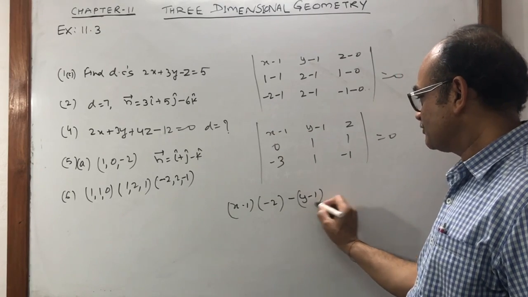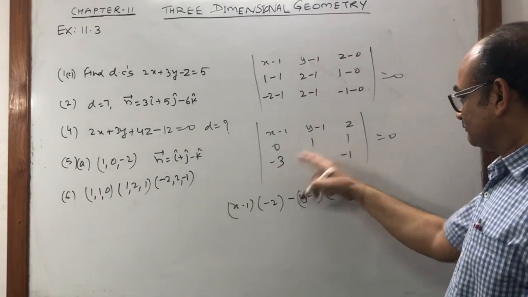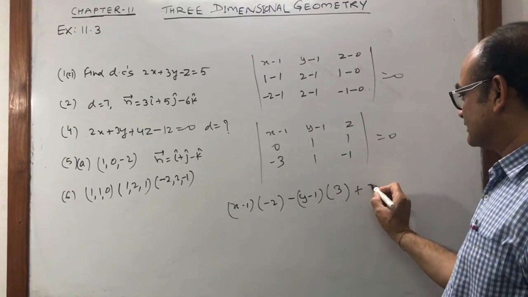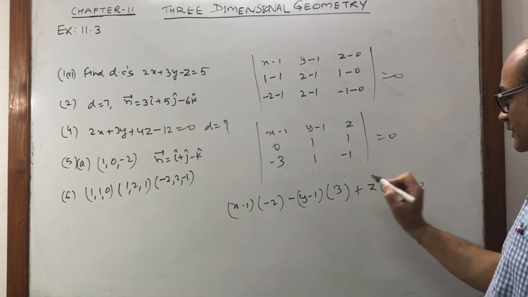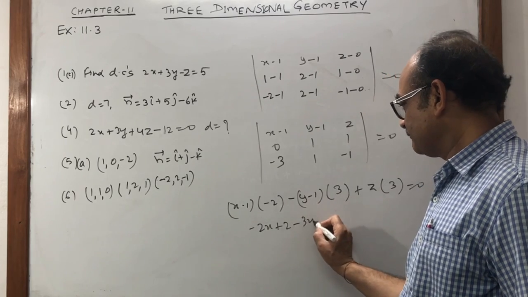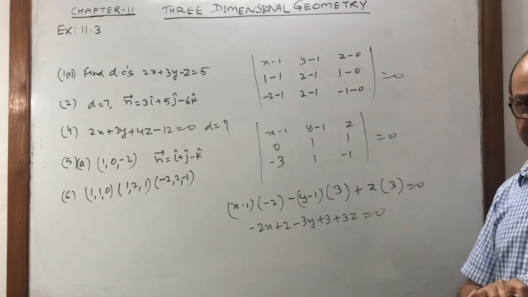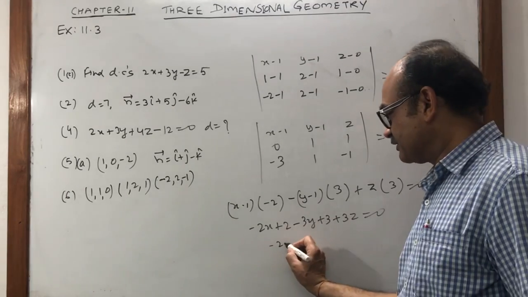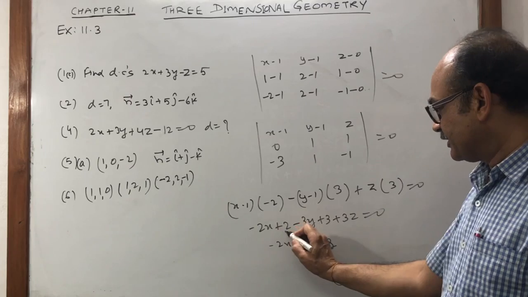Then minus y minus 1, 0 plus 3, and last z into 0 plus 3. Final answer minus 2x plus 2 minus 3y plus 3 plus 3z equals 0. So arrange it in the proper form. What are we getting, 3 and 2, 5.